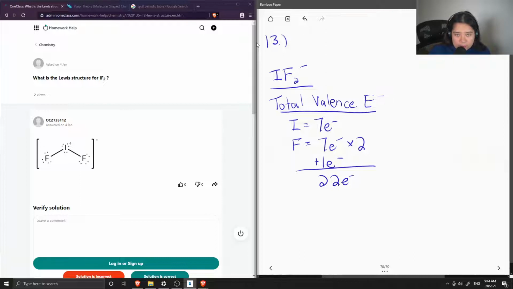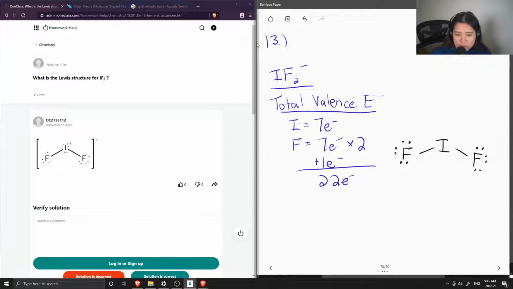So first I'm going to draw my iodine as my central atom. And then I'm going to draw single bonds to my 2 terminal atoms and add all of fluorine's lone pairs. At this point, I count to see how many electrons I've drawn so far. Each bond contains 2 bonding electrons, so there are 2 bonds, that's 4.